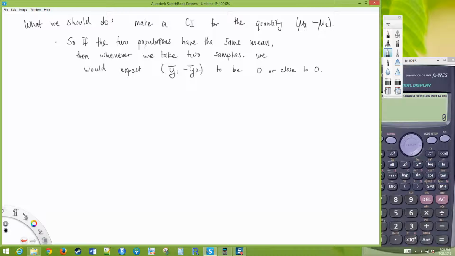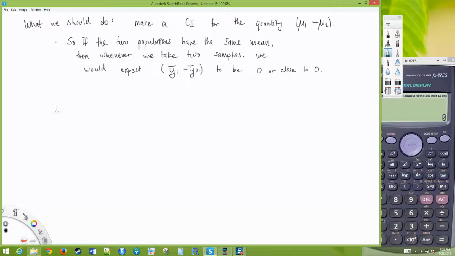So we want to model this thing, and it turns out that we can. We just have to figure out what the standard deviation is of this quantity.